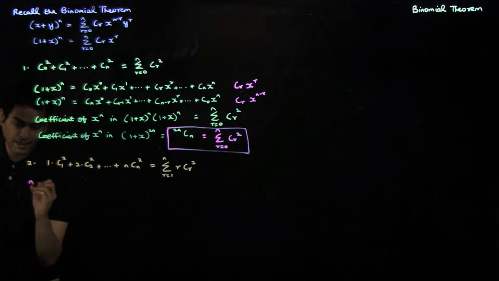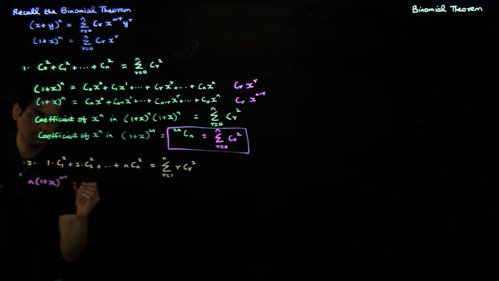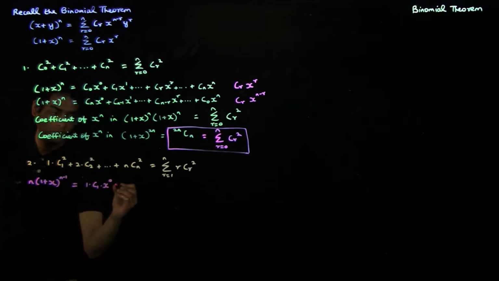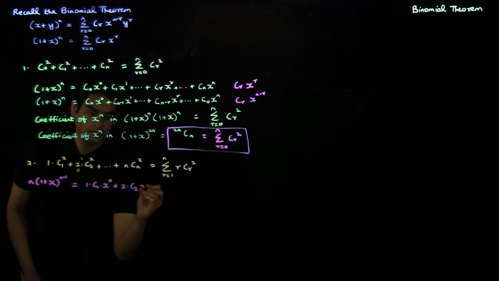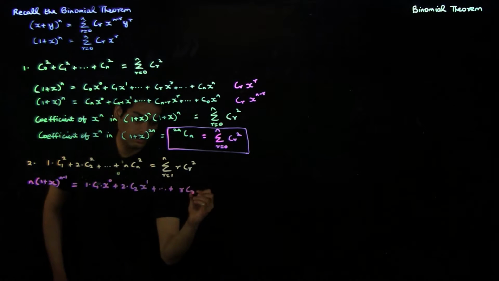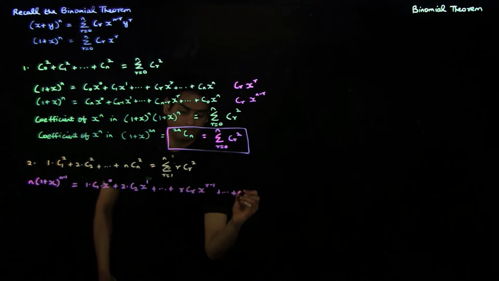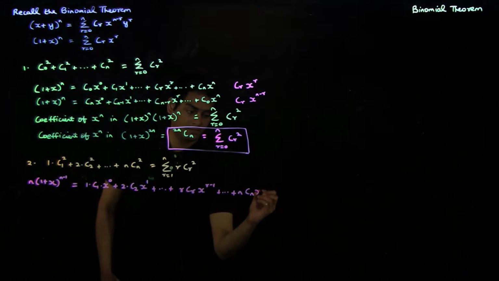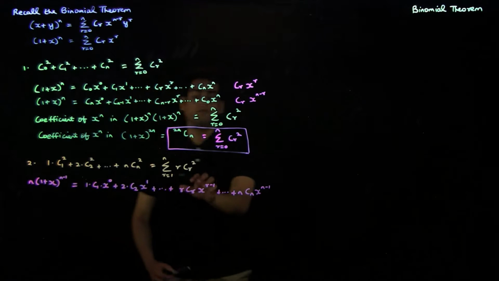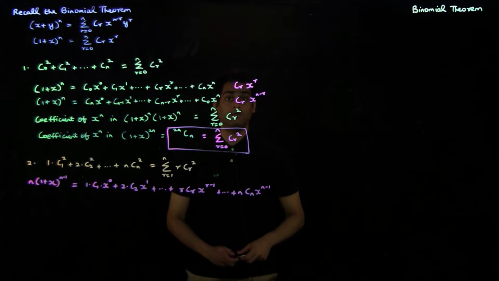So we had n times (1 plus x) the whole power n minus 1 is 1 C1 x power 0 plus 2 C2 x power 1, and so on to RCR x power r minus 1, and so on to n Cn x power n minus 1. So we have written RCR as the coefficient of a certain binomial expansion.